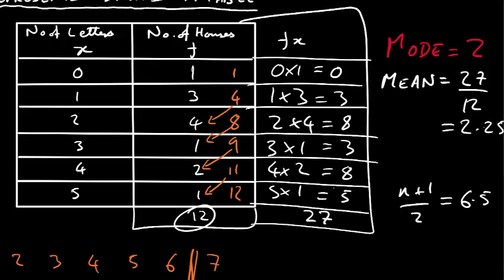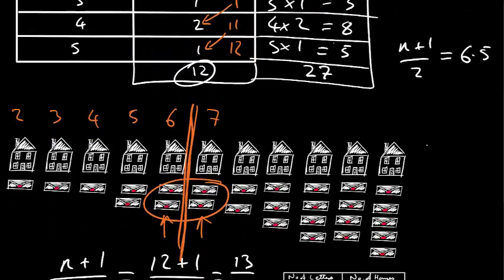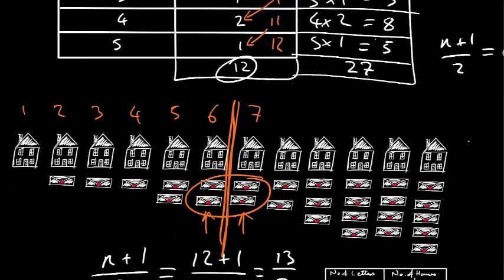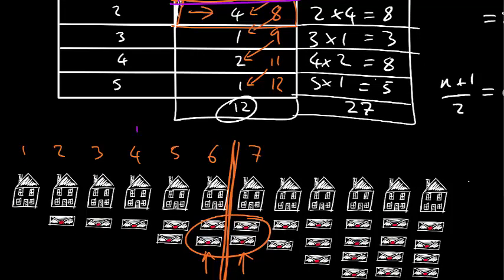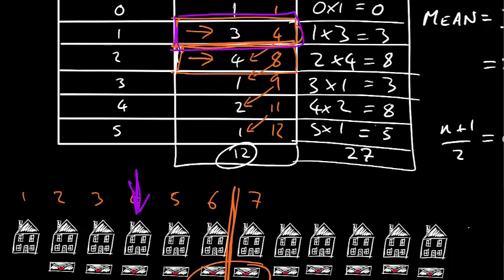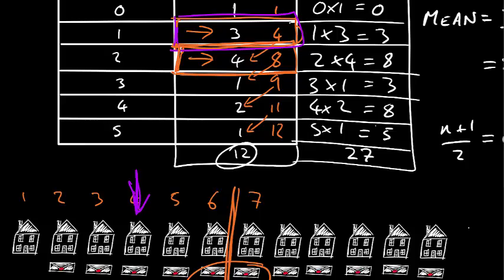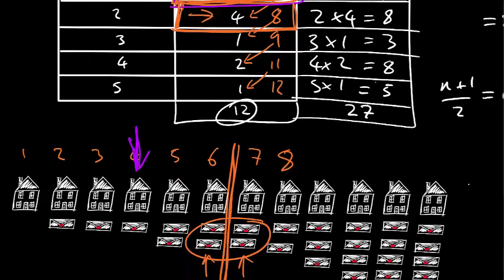Are you happy that the 6.5 value will fall in this column here? This box here will take us up to the 4th house. This next box here will take us up to the 8th house. So if you want to visualize it, this second box will take us up to the 4th house, and the next box will take us up to the 8th house.